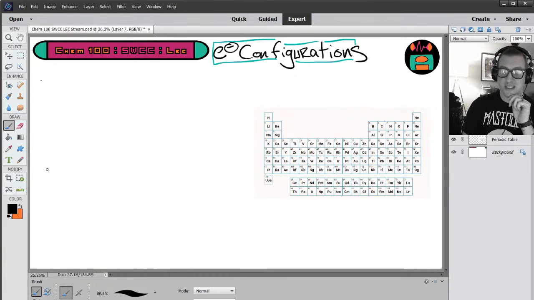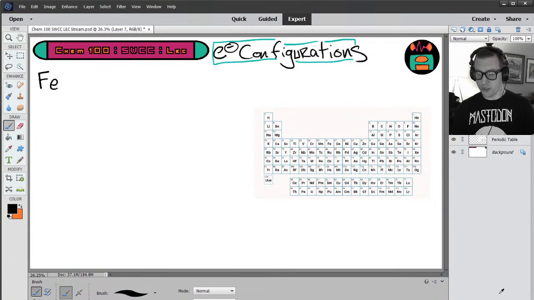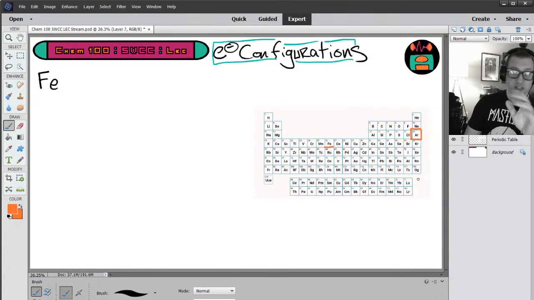Let's go ahead and do iron. First we have to find iron on the periodic table, and it's here in the D block, so that should pop a red flag. You find your nearest noble gas with fewer electrons, which is argon.